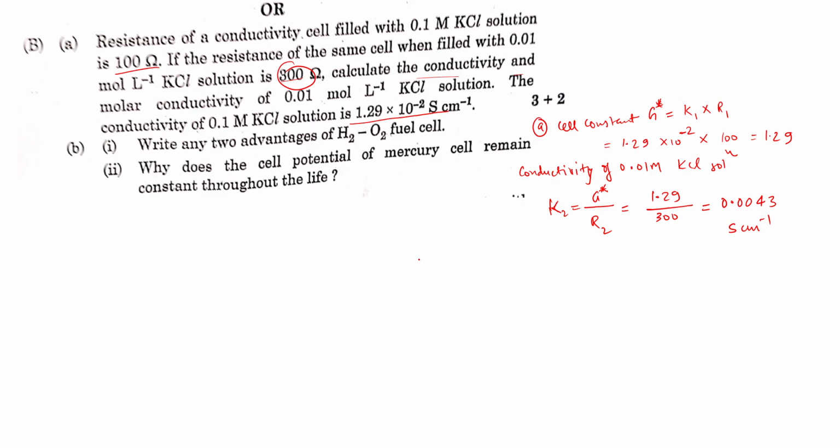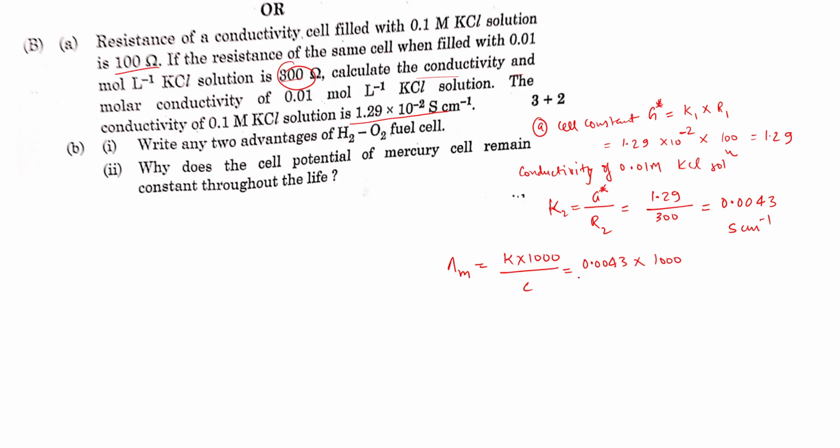Now we have to calculate the molar conductivity. So how can we calculate molar conductivity? Conductivity we have calculated. Molar conductivity is kappa into 1000 by C. So kappa is 0.000043, and I will write the unit at the end.